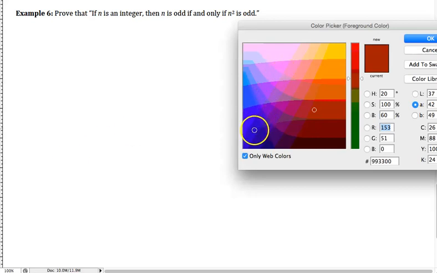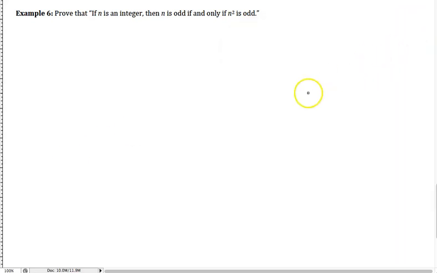Okay, let's look at the next example. So this is a proof that if n is an integer, then n is odd if and only if n squared is odd. All right, so this is a good one to look at because it shows us that information that we used in the last example.